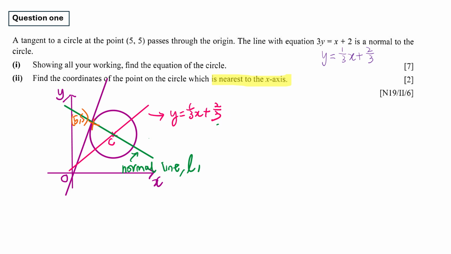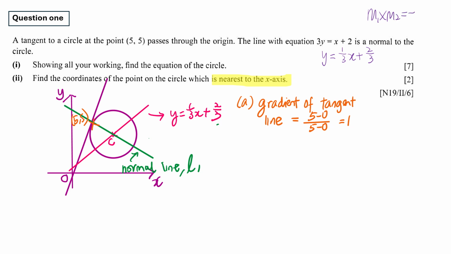To find the equation of L1, we will need the gradient. And to find the gradient of this normal line, we can use the gradient of the tangent line, which is 1. So using m1 times m2 = -1, we can find the gradient of L1 to be -1.